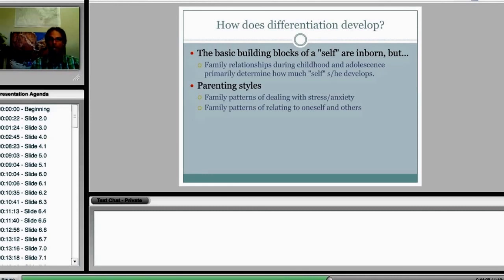So the family relationship is part of how a young child and an adolescent learns to navigate relationships and make decisions for themselves. The parenting styles are a factor, again, in terms of how the parental unit works to solve problems. Is there a level of control? Is there a level of avoidance?